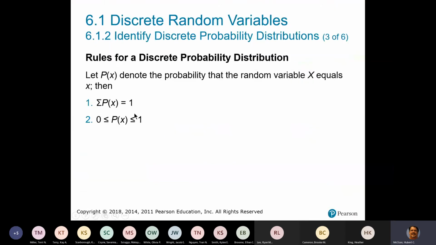So let's go back. There are the 2 rules. Write those down again in red or highlight. The summation of all the probabilities should equal 1, and each probability should be a decimal between 0 and 1, including 0 and 1.